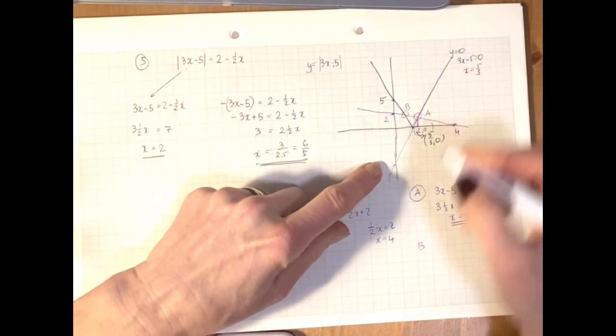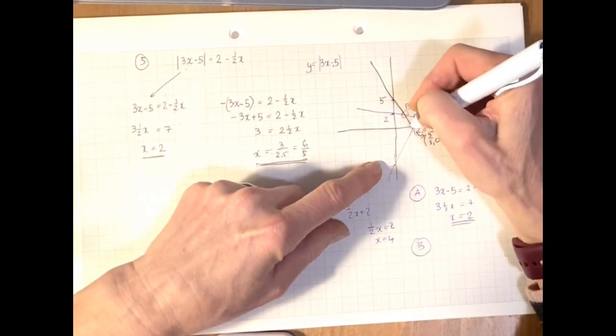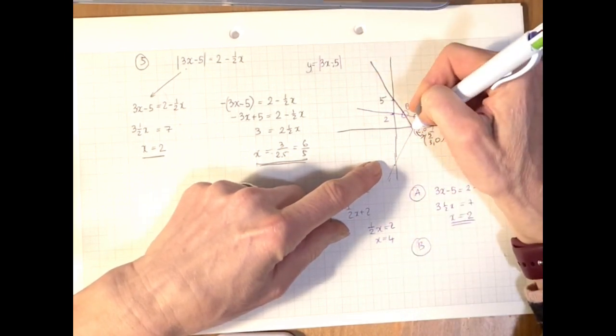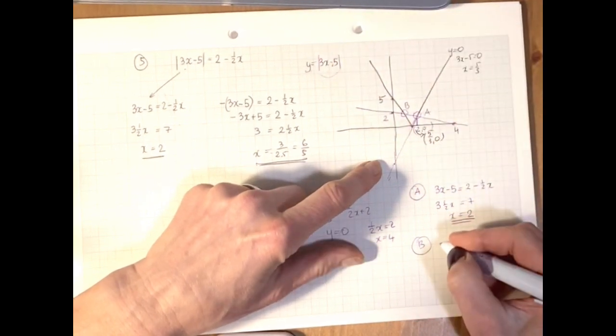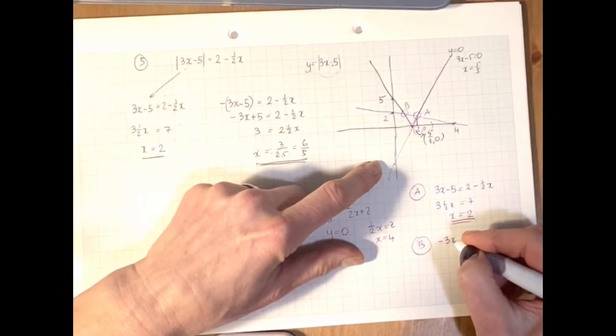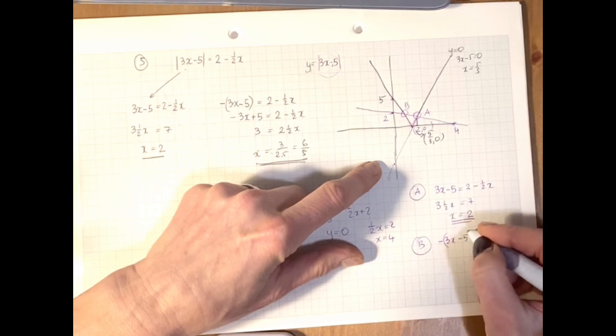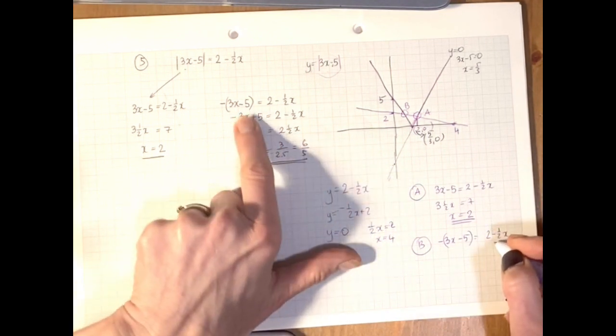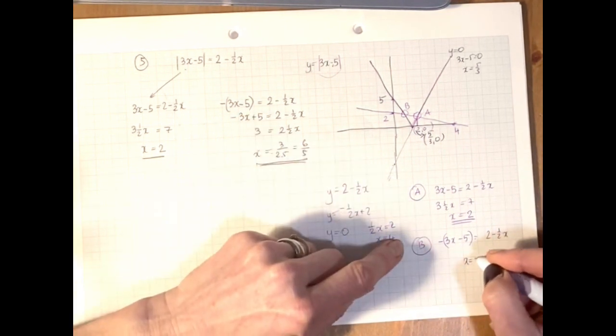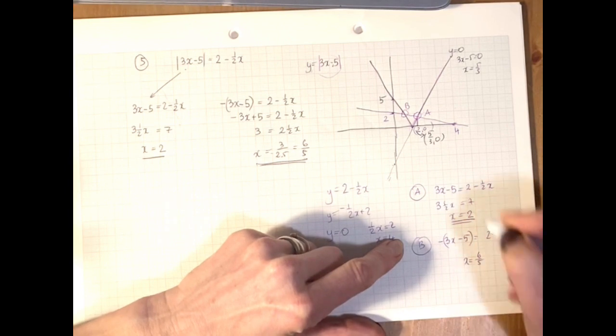To find B, over here we need to take the reflected branch of the V shape, so that's going to be minus of that. So minus 3x plus 5 is equal to the line 2 minus a half of x, and we already solved that one, so x is equal to 6 over 5.